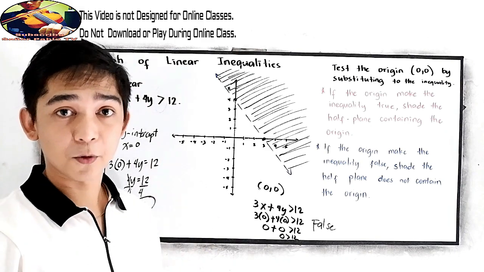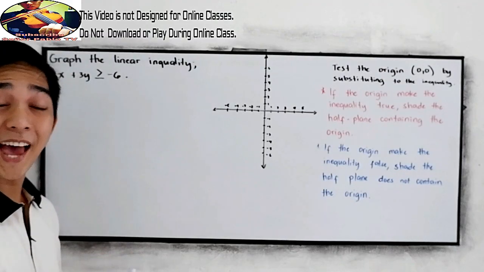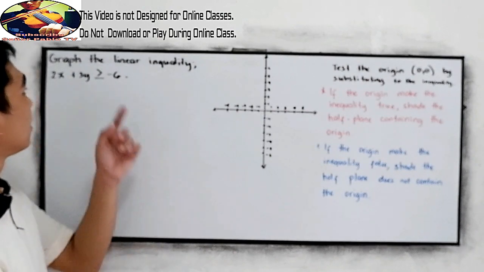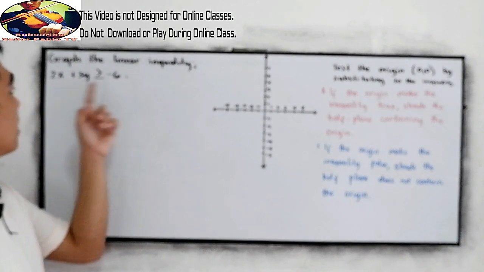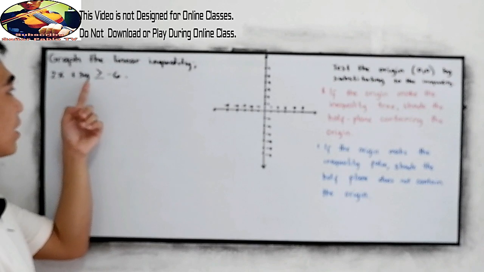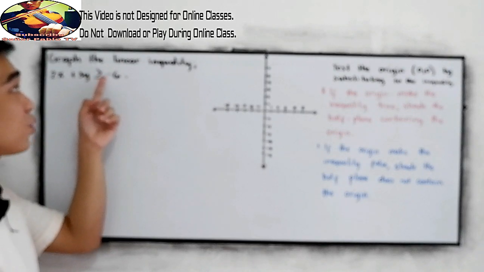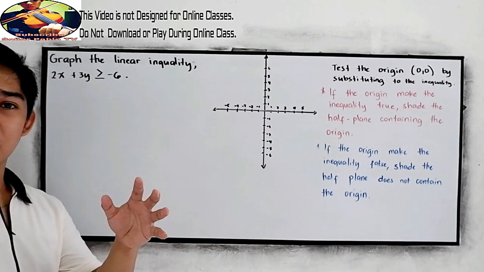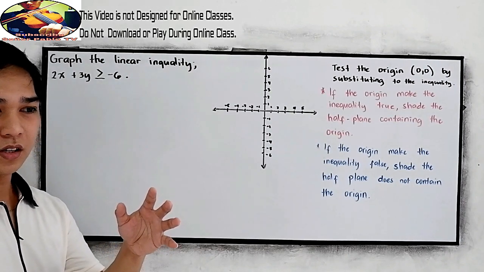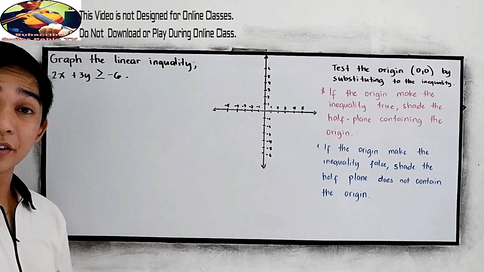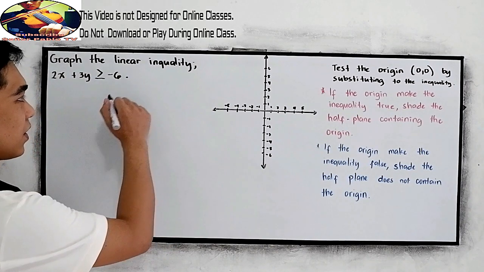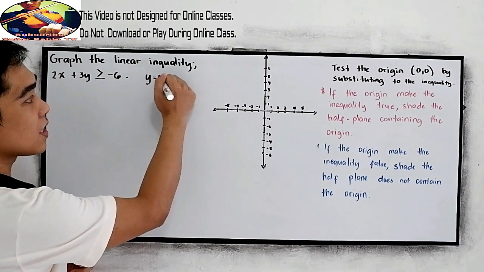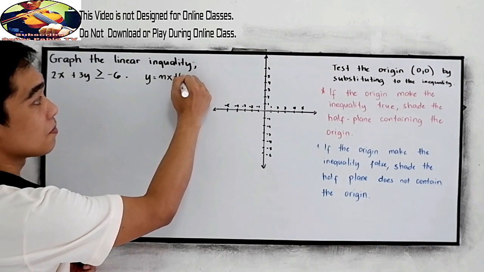Let's have another example. This time, let's have this example. Graph the linear inequality 2x plus 3y is greater than or equal to negative 6. So, we're going to use this time the slope-intercept form, y is equal to mx plus b.